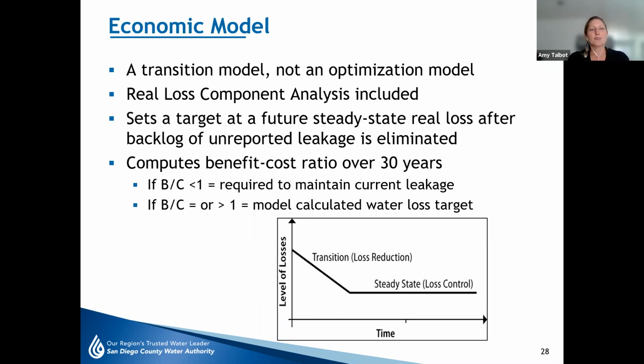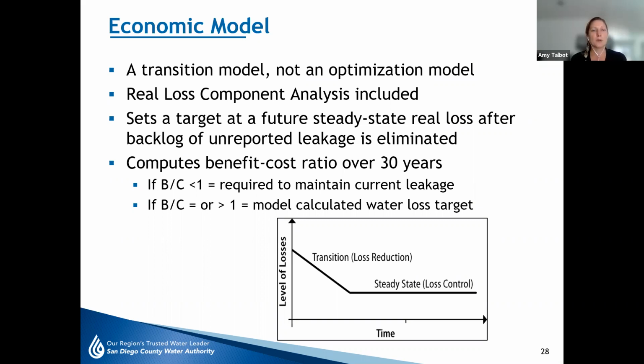So how does the model really work? The main crux of it is that it takes your cost data, it takes your water loss data, puts it all together, creates a benefit cost ratio, and drags it out over 30 years. And then the magic transition point, whether you go on to get a calculated target or you stay where you're at, is the benefit cost ratio.